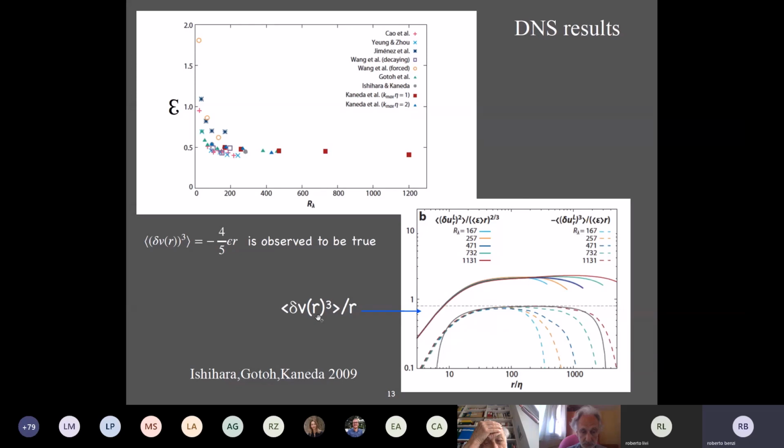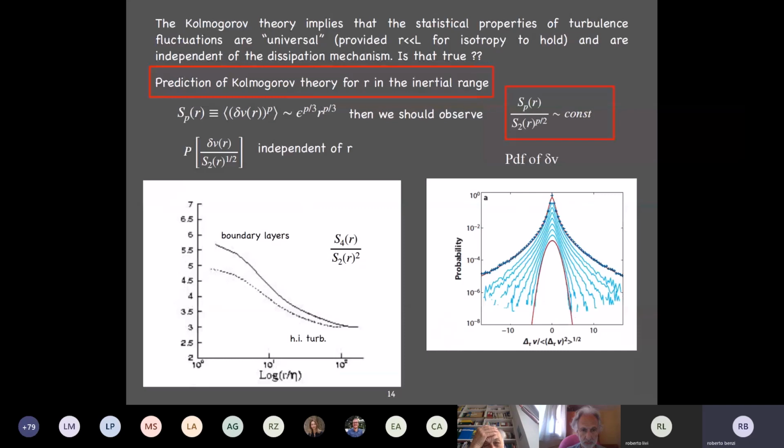So the Kolmogorov theory, from the point of view of the two principal pieces of information, namely the third-order structure function and the energy dissipation, is verified extremely well by both numerical simulation and experiment. Now let's go to the next prediction of Kolmogorov. It is very simple.